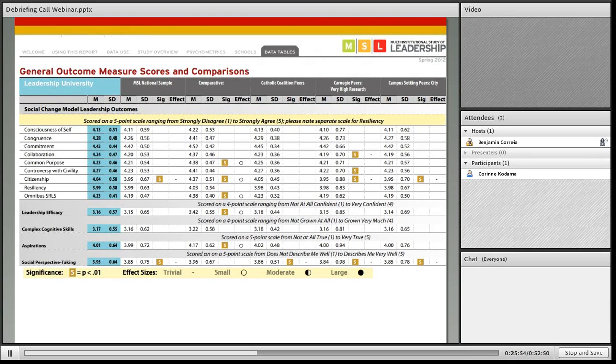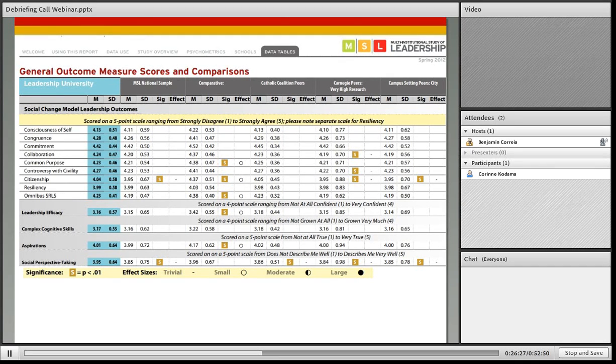What that S tells you is that your school's scores on citizenship are significantly different from the national data's scores on citizenship. As you can see on this report, it's also significantly different from the comparative sample, from Carnegie Peers Very High, and from campus peer settings. So that's where you can see if you are different from other schools' results.